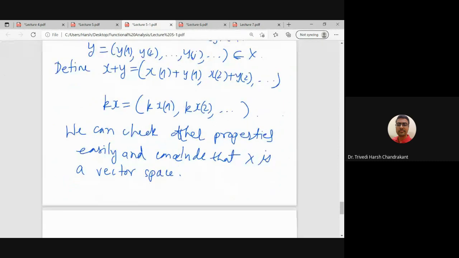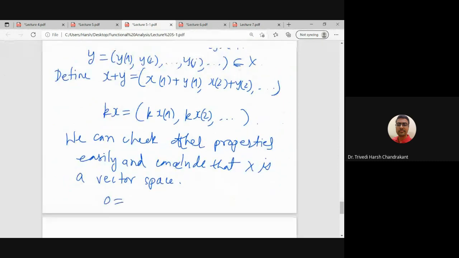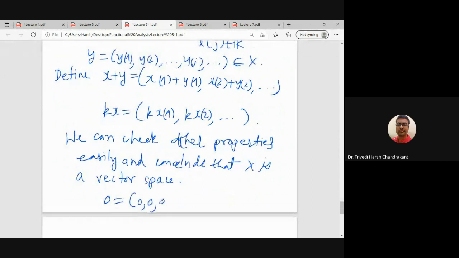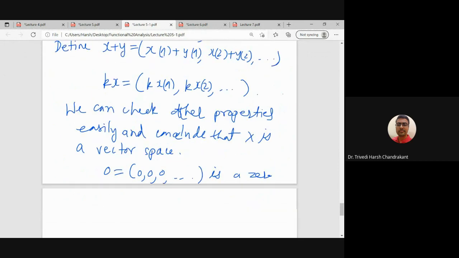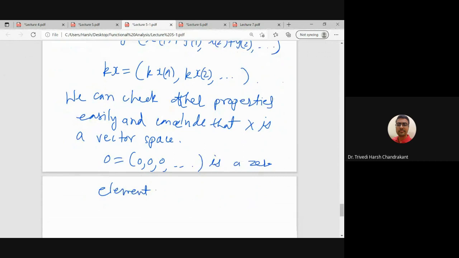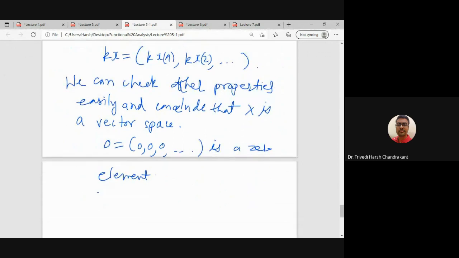Okay, so what is the zero element? We already observed that 0, 0, 0 is a zero element. What is the negative element of x?